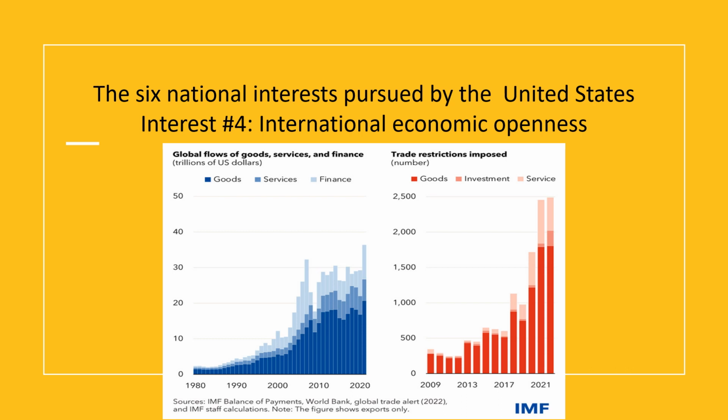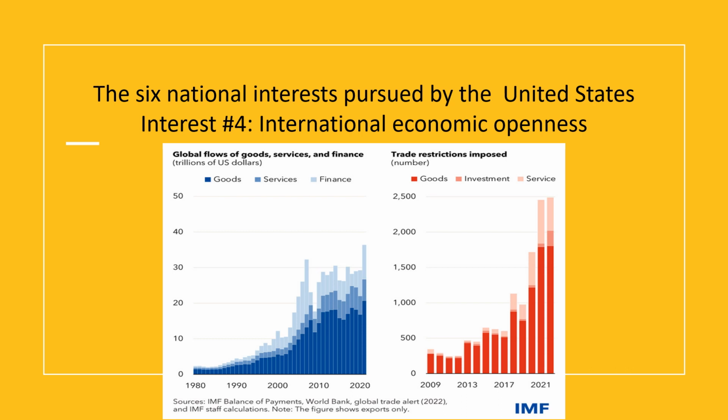From 1980 up to 2020, there was a significant increase in the global flows. So this suggests economic openness. Now, 2020 was also the year that the COVID-19 pandemic started. So it would be interesting to see how this graph unfolds after 2020.